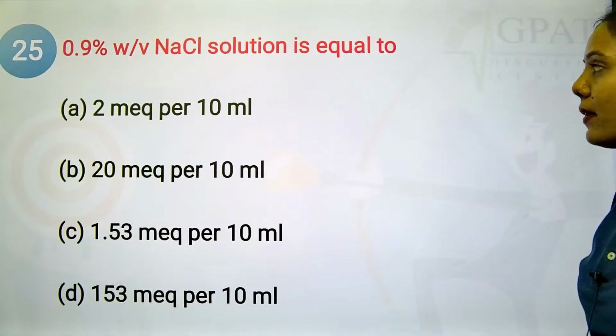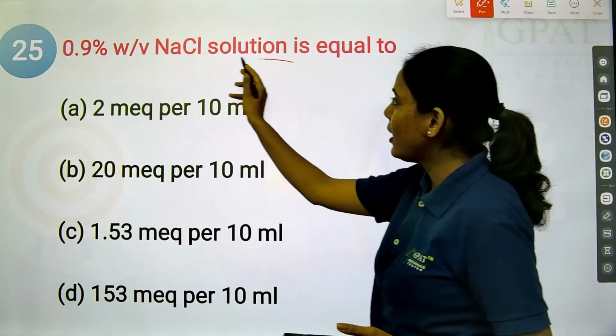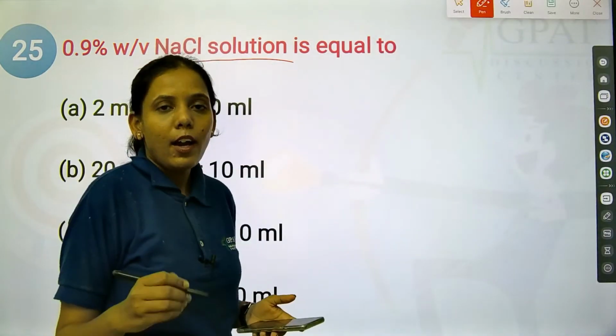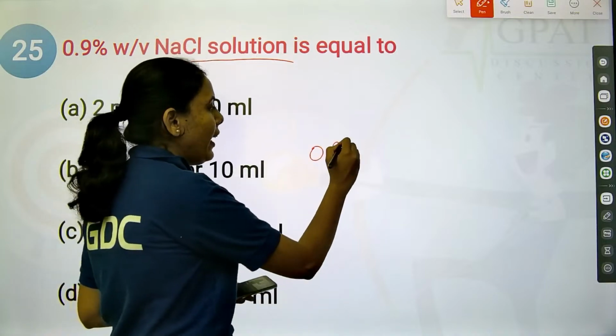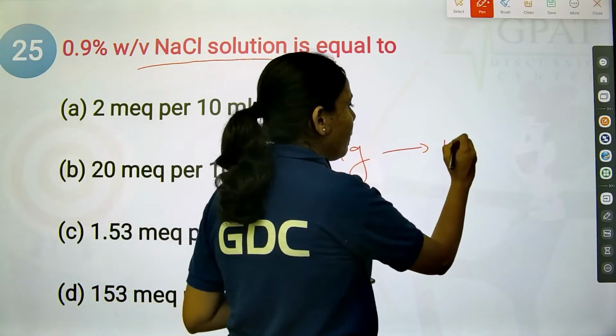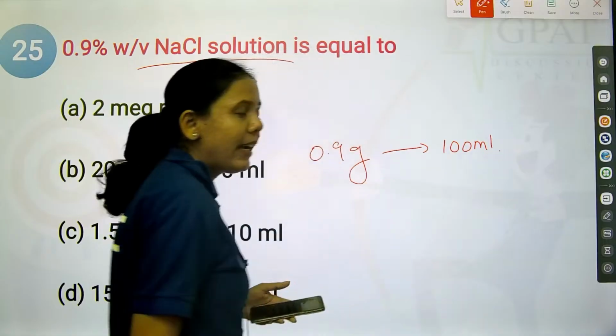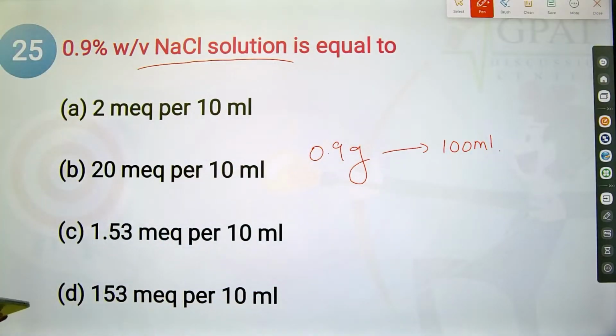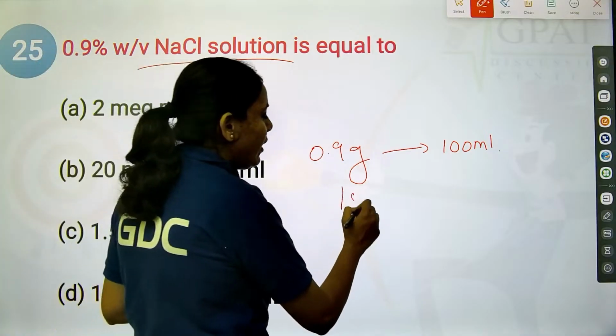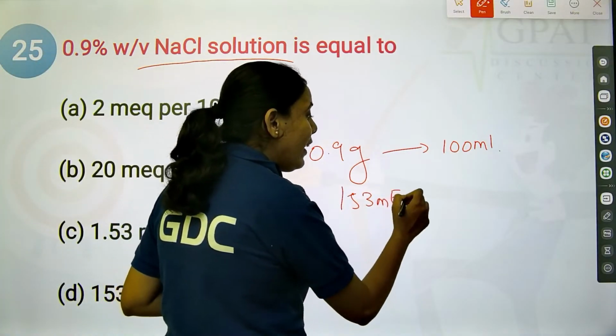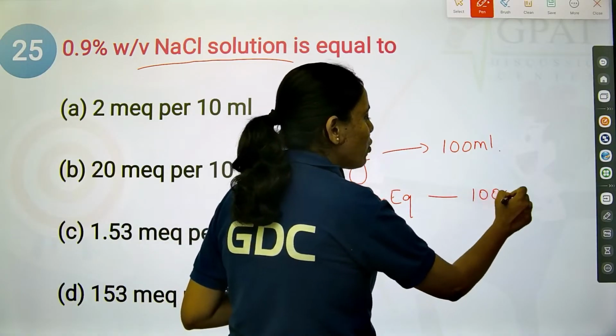Next is 0.9% weight by volume NaCl solution is equal to. Now 0.9% means what? 0.9 gram is present in 100 ml. That is 0.9% solution. Now that is equivalent to 153 milliequivalent in 1 liter, that means in 1000 ml.